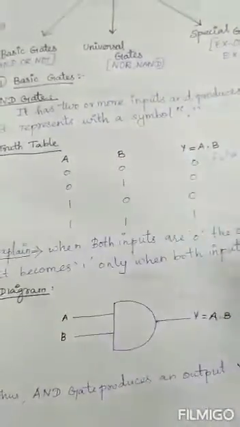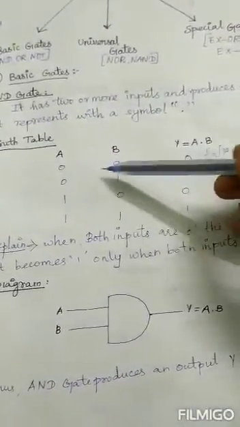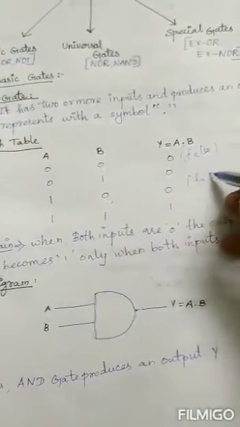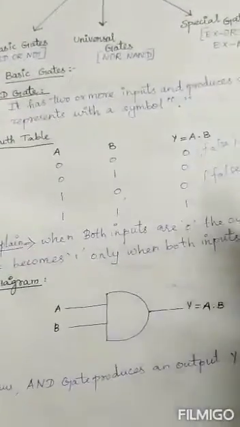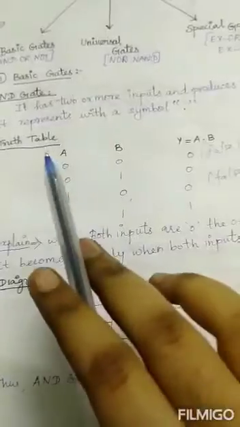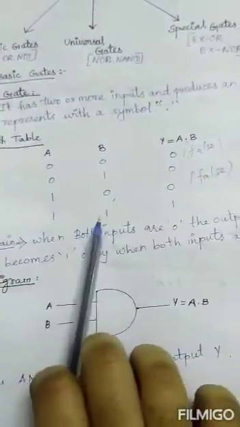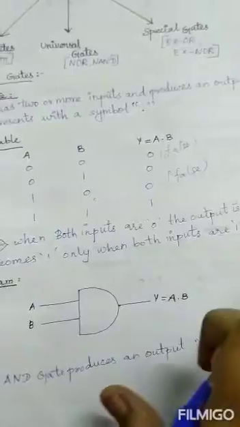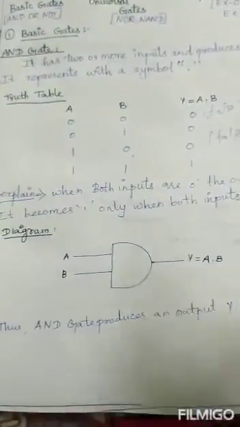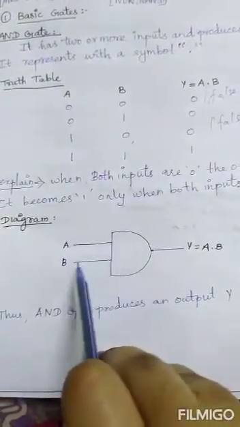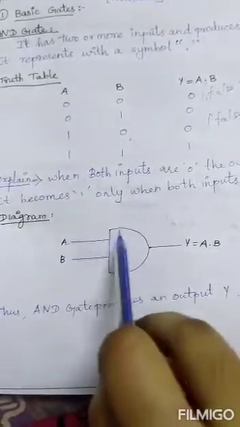In AND gate, if any one of the inputs is false, the output will be false. Only when both inputs are true, meaning 1, will the output be true. The diagram for the AND gate is two inputs, A, B.